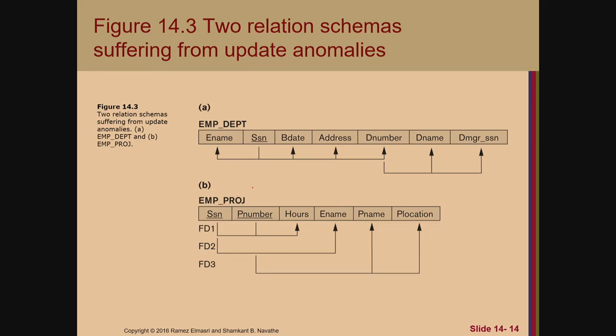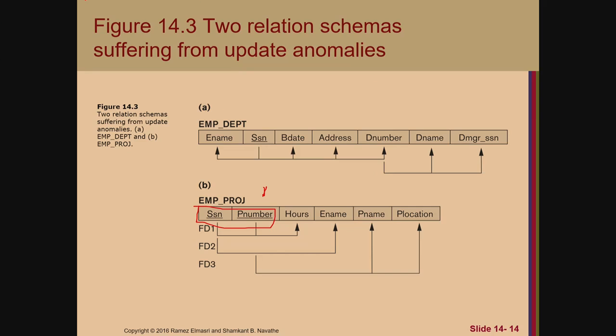Also the project employee will suffer from the anomaly, right? Because this is a project number. As you can see, both of them together, SSN and P number, become a primary key of the employee-project table, right? If you have only this table to store the SSN of the employee and the project information, the problem is that when you have a new employee, you cannot add the project, right?